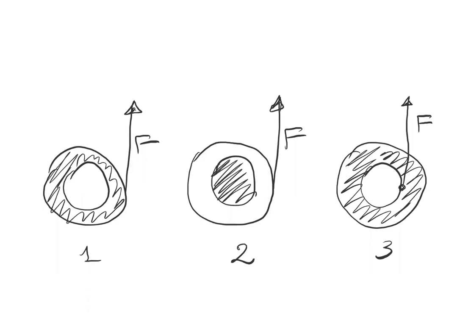And now if I look at disk number 1 versus disk number 3, you can see that the only difference here is where the force is applied. For disk number 1, the force is applied at the outer edge, and for disk number 3, it's applied inside here.